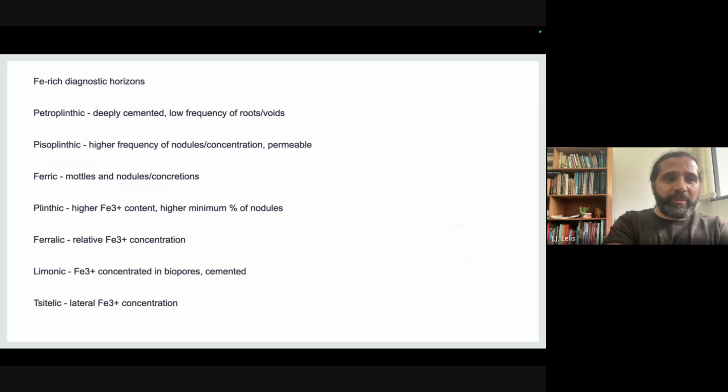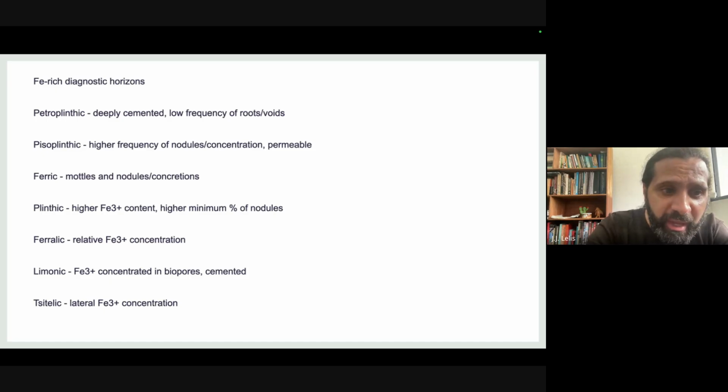Okay, so when we think about iron-rich diagnostic horizons, we have a lot of them, and each one has specific properties. We have the petroplinthic horizon, a deeply cemented horizon with low frequency of roots and voids. We have the pisoplinthic horizon with a higher frequency of nodules and concretions, and it's permeable. We have a higher frequency of roots and voids because it is a broken petroplinthic horizon.